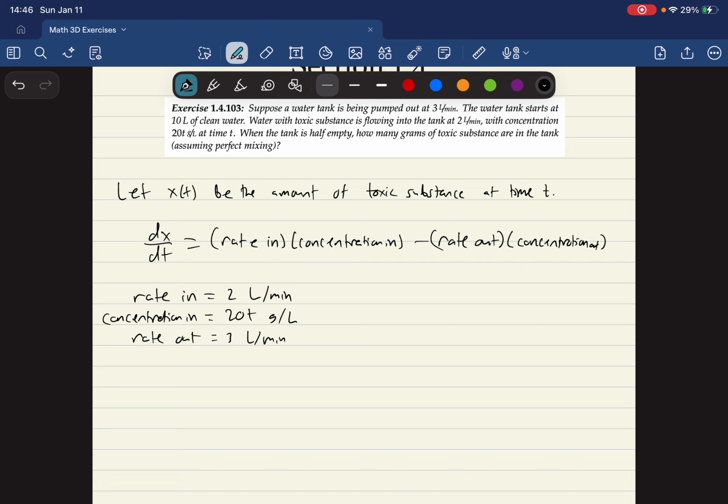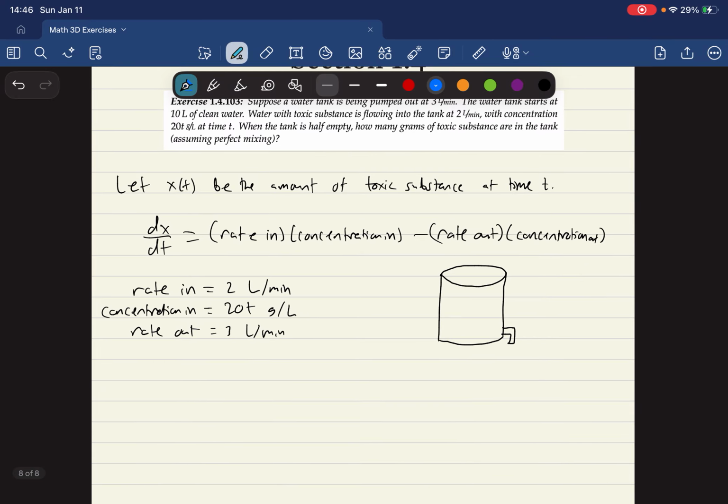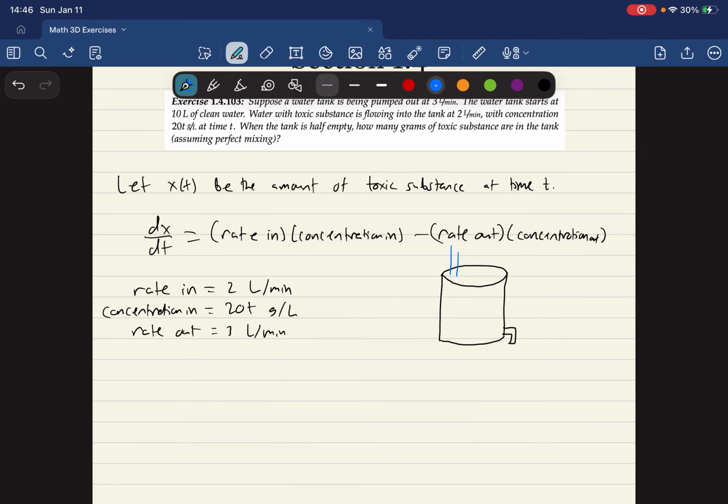Okay, so first I'm going to make a schematic of what's going on. Here we go. And I'm going to add a little faucet right here for all the water flowing out. And then I'm going to draw the water flowing in too. And then here is our water. And then this is the water pouring in. And again, the water is flowing out this way.